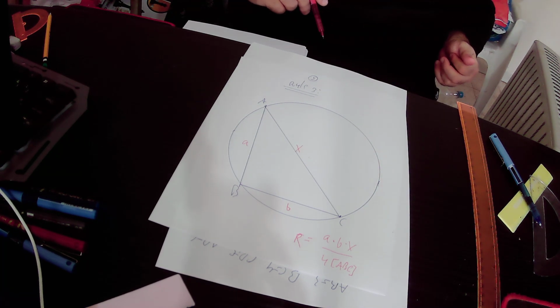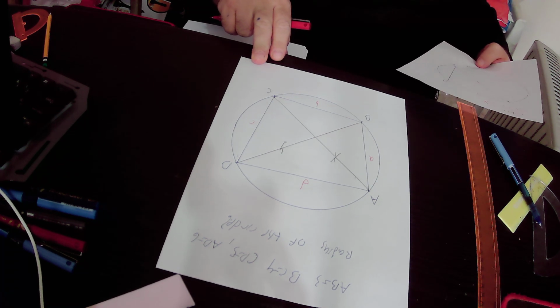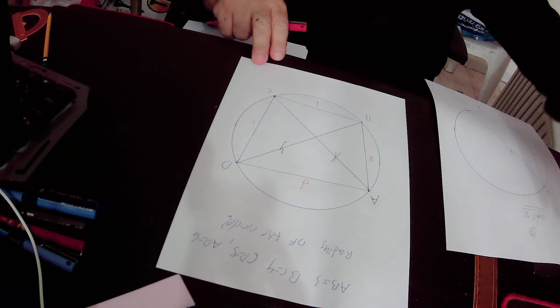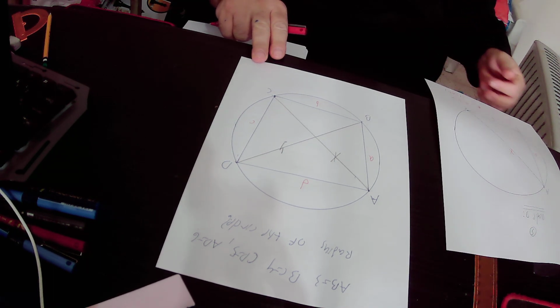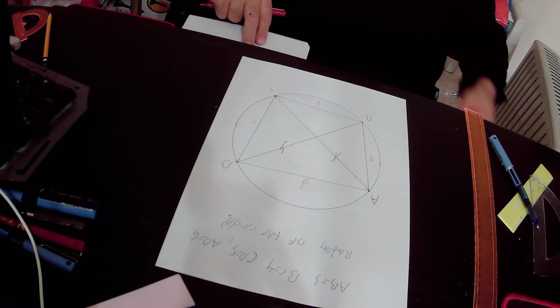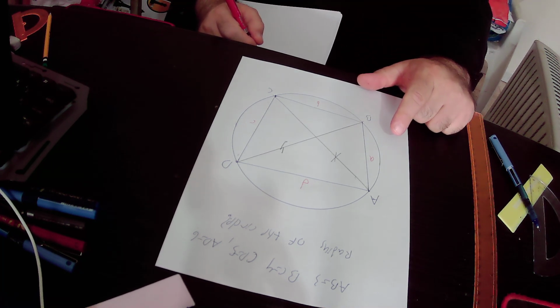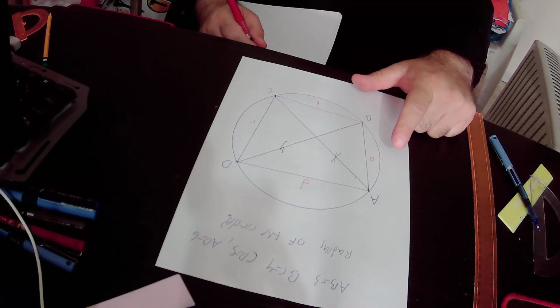Okay, so we will use rule number 3. According to rule number 3, the radius of our circle, that is what we are looking for, capital R equals A times B times X over 4 times the area of triangle ABC.